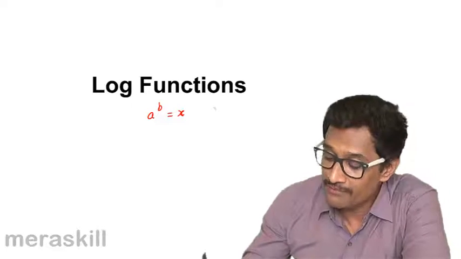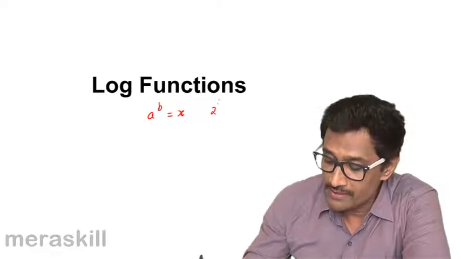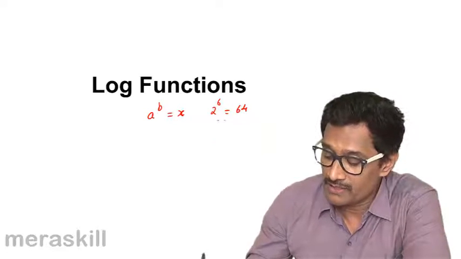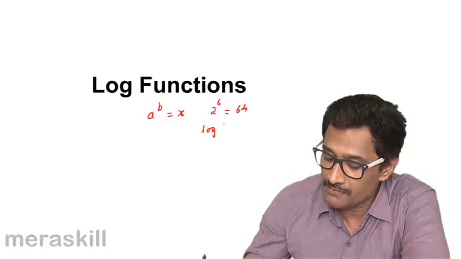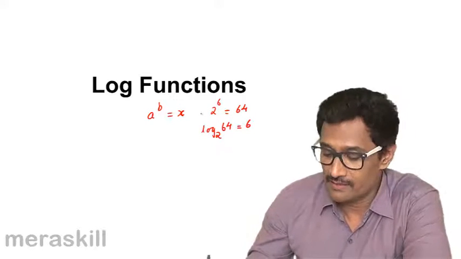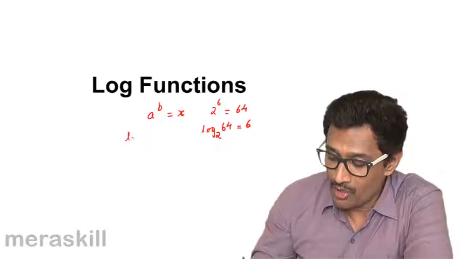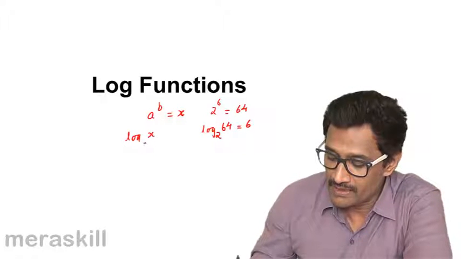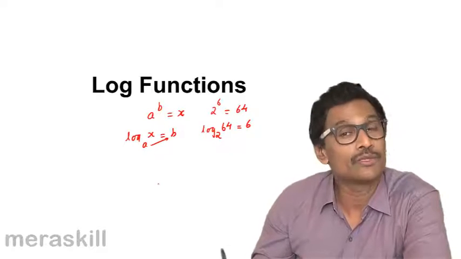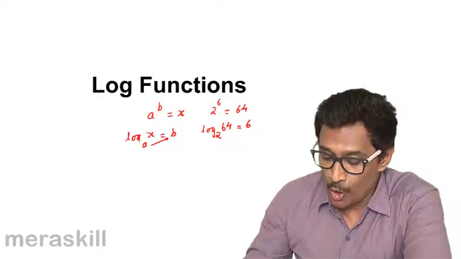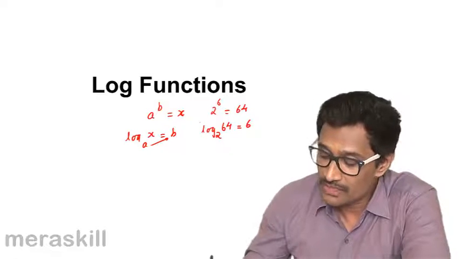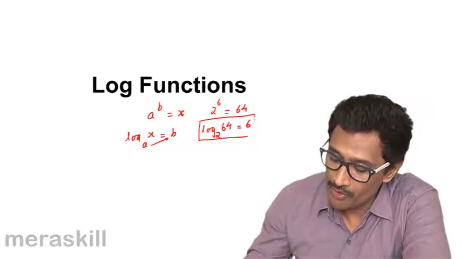So suppose you have 2 raised to 6 is 64, which means you write it as log 64 to the base 2 is 6. Same way here, log x to the base a is b. So a raised to b is equal to x. That means log of the power to the base is equal to the index. So this is the concept of log.